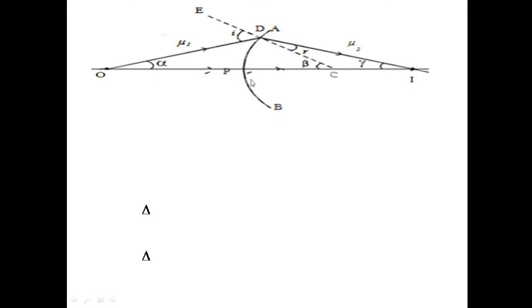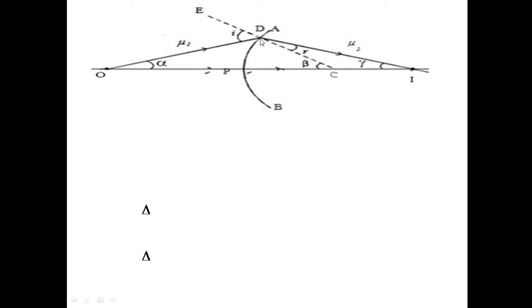OP is incident normally on this curved surface APB, and after refraction it travels along PC without deviation. OD is the ray incident obliquely on this curved surface APB.